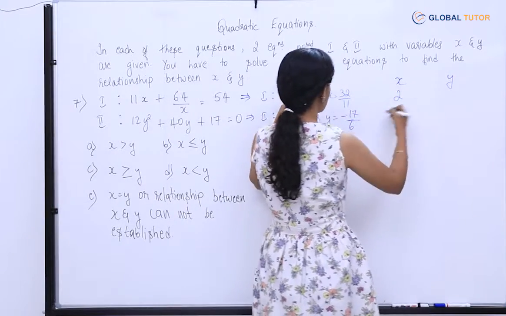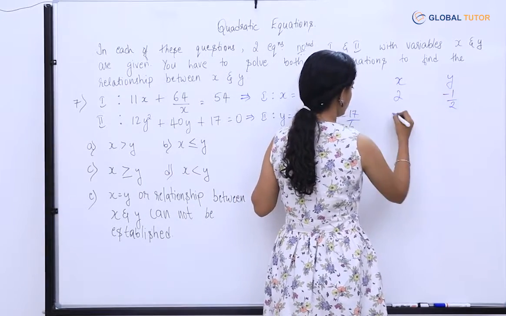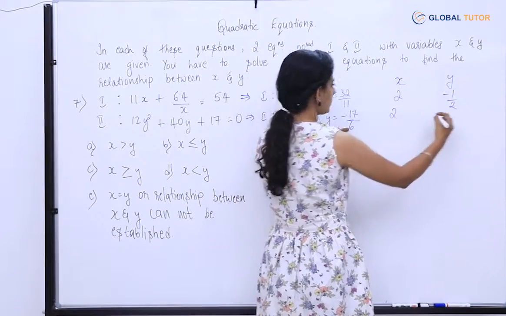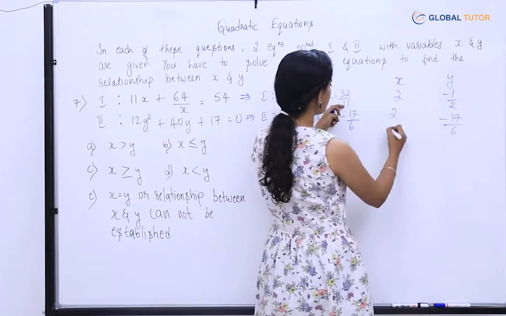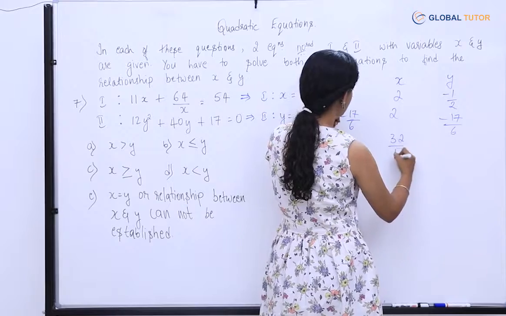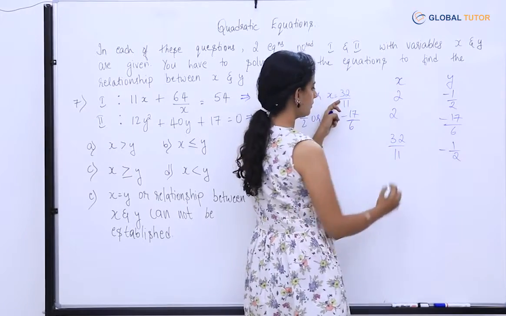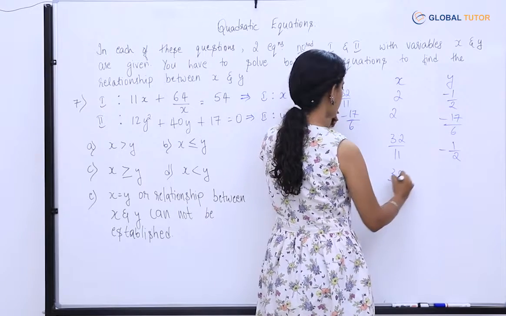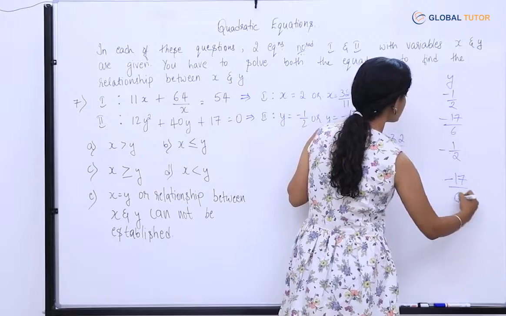X is 2, which we are comparing with minus 1 by 2. Again we are comparing 2 with minus 17 by 6. Then we are comparing 32 divided by 11 with minus 1 by 2 and 32 divided by 11 with minus 17 by 6.